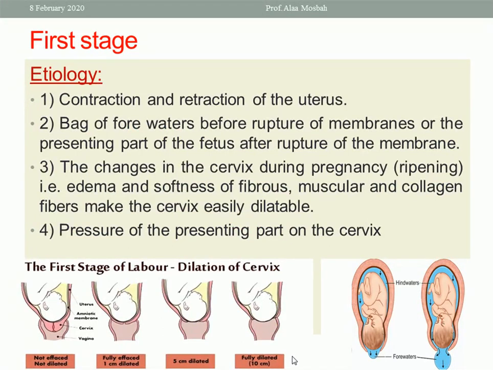First stage. What is the etiology? The etiology for the first stage is the contraction and the retraction of the uterus, the bag of forewater before rupture of membranes, or the presenting part of the fetus after rupture of membrane. As you see in this picture, this is the bag of forewater.